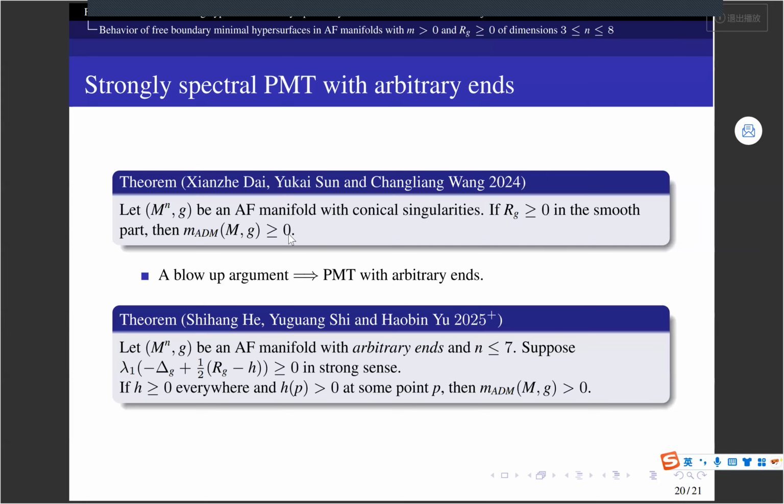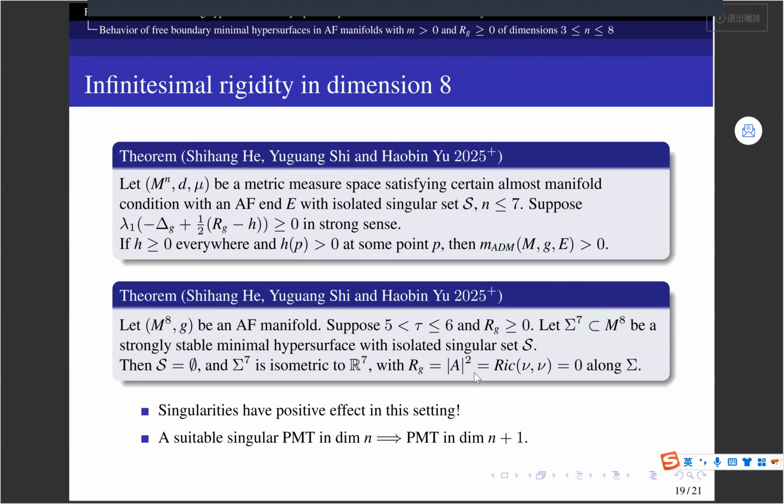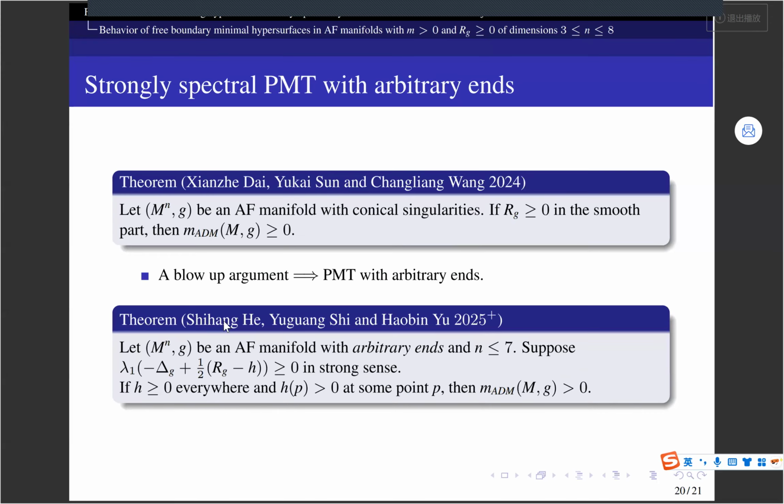In their work, they proved a positive mass theorem with conical singularities, and their strategy is to conduct a blow-up argument and apply the positive mass theorem with arbitrary ends. Here we adopt a similar strategy and reduce this spectral positive mass theorem to a version of the positive mass theorem with arbitrary ends under the non-negative spectral scalar curvature condition.